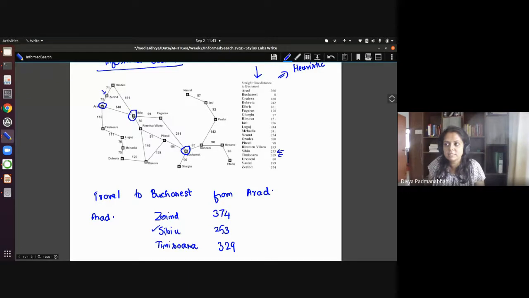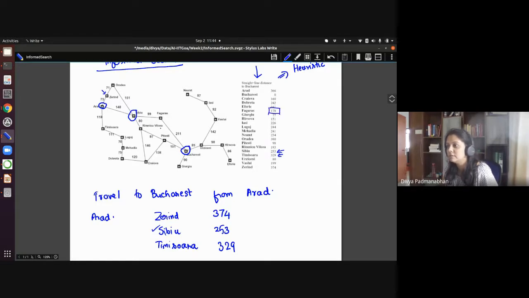Now, once you're at Sibiu, there are four options actually. So you have Fagaras, Rimnicu Vilcea, Oradea, and Arad. Here the distance to Bucharest for Fagaras is 178.